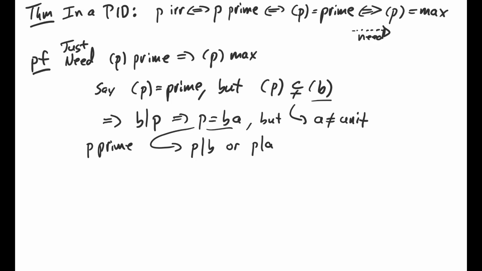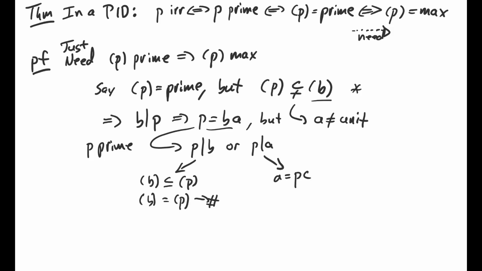Since P is prime, and P is this product here, it either divides B or it divides A. Well, in the first case, if P divided B, that just means the ideal generated by B is contained in the ideal generated by P, and of course, because of this up here, we would have that B is equal to P, and that would be the contradiction because we were assuming that there was a strict inequality.